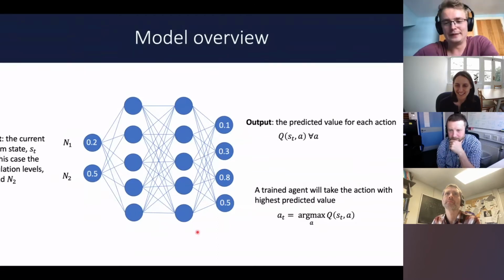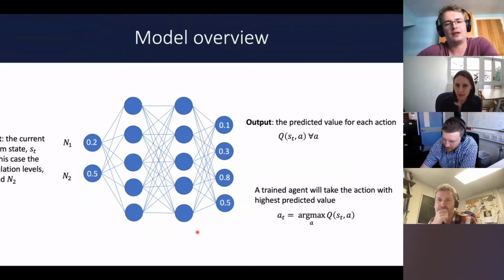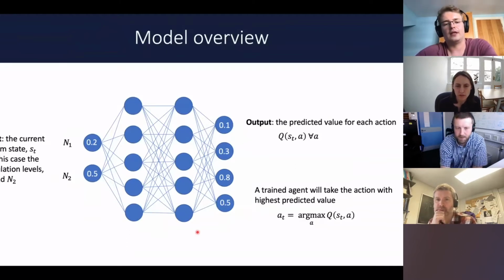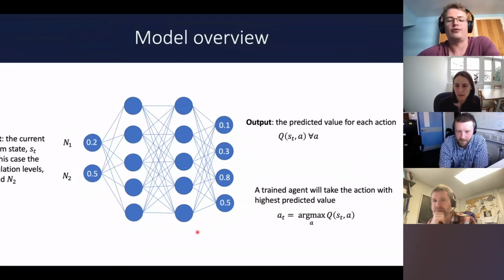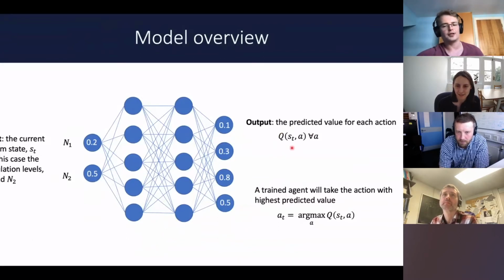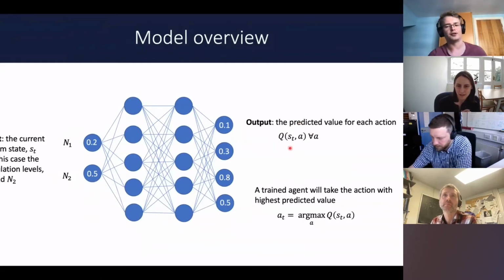Fair enough. Could you briefly explain the difference between deep reinforcement learning and traditional reinforcement learning approaches, in the context of what you're showing on this slide? Deep reinforcement learning just means we're using a deep neural network, a neural network with more than one hidden layer. We're using the neural network to learn this Q function, but you can use any kind of function approximation.